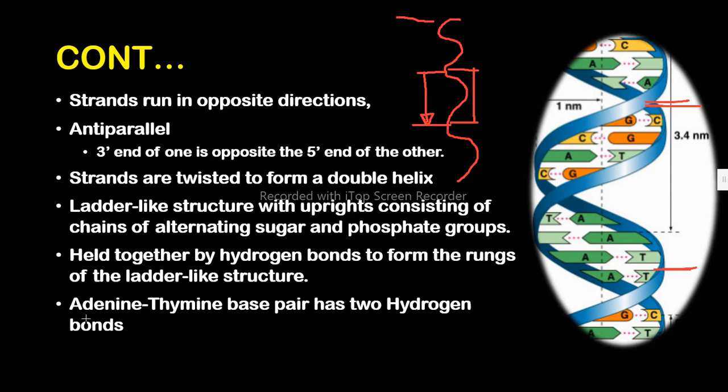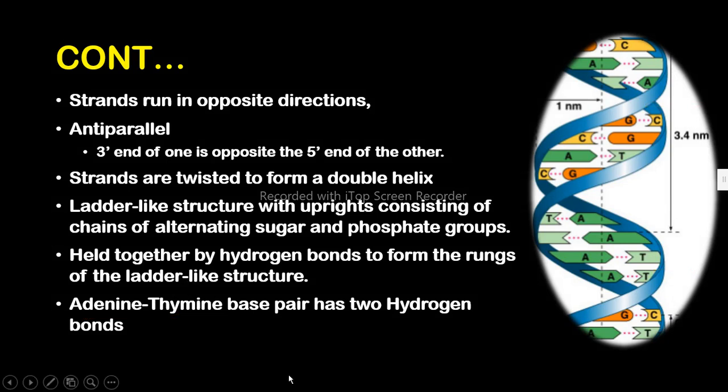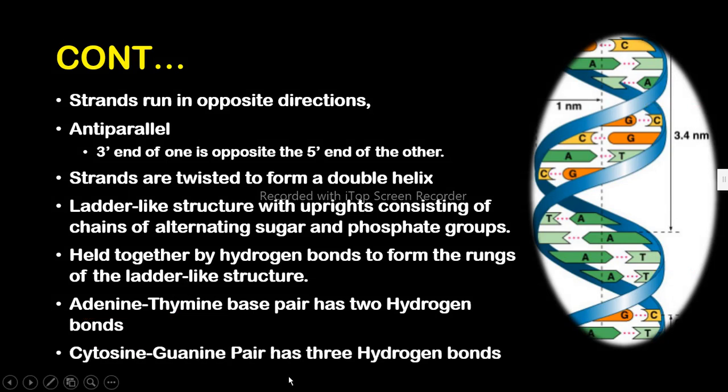Then the base pairing rule, like we said: the base adenine, which is a purine, will pair up with the base thymine, which is a pyrimidine, and the base guanine, which is a purine, will pair up with the base cytosine, which is a pyrimidine. And the two are held by stronger hydrogen bonds that will keep that stable structure of DNA.